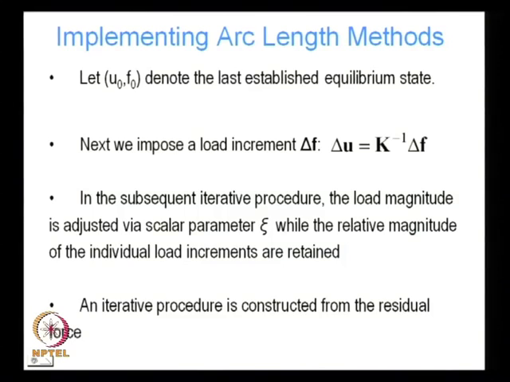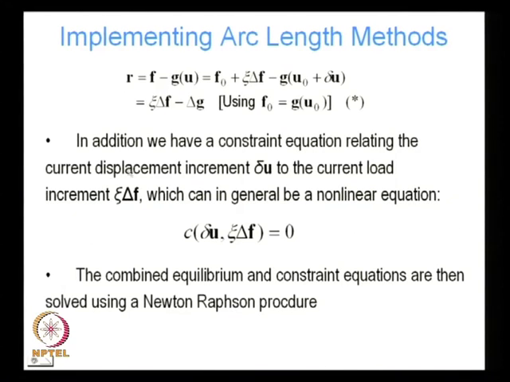So, an iterative procedure is constructed from the residual force like this. Basically we say that the residual is equal to F minus G(u), which we have seen many times before. So, the applied load is F0 plus xi delta F. F0 was my last equilibrated load, delta F is my initial increment, and xi is my scalar parameter with which I scale that load increment.